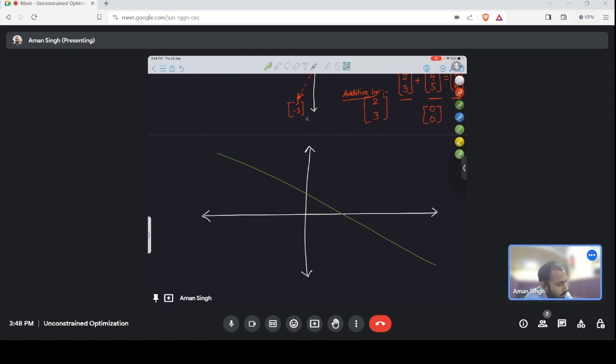Let's say it passes through 0, 2 and 1, 1. This is a line. So is it a vector space?